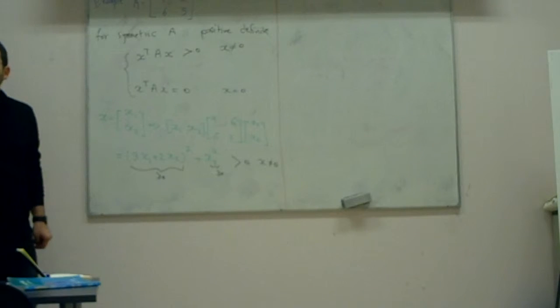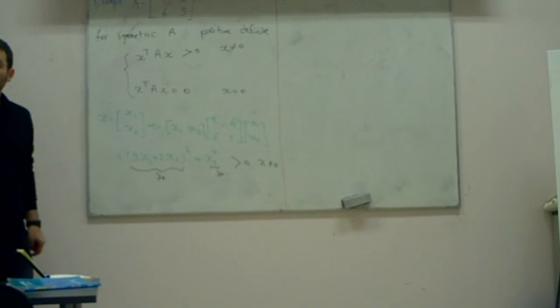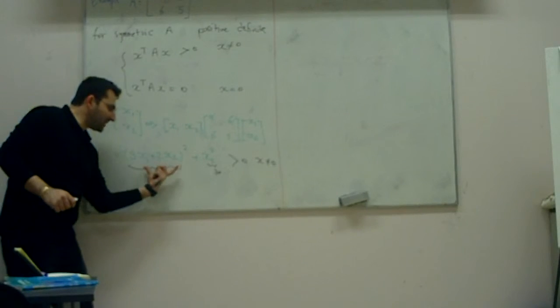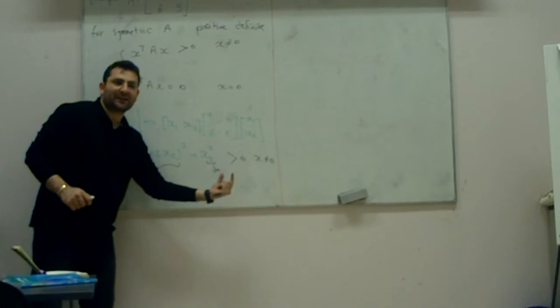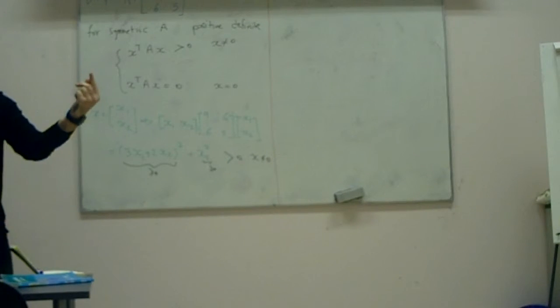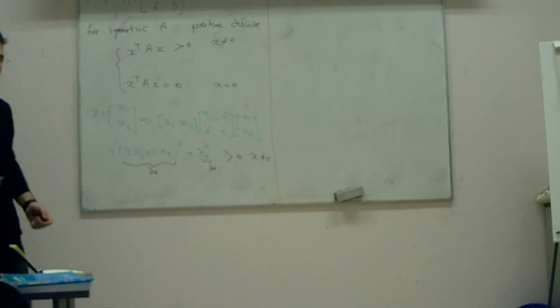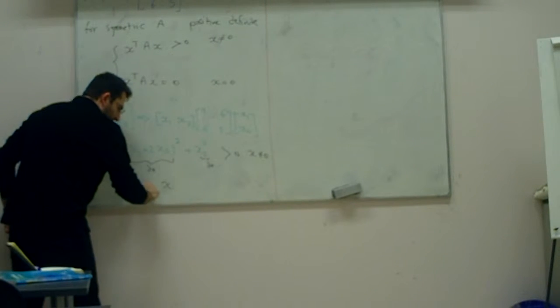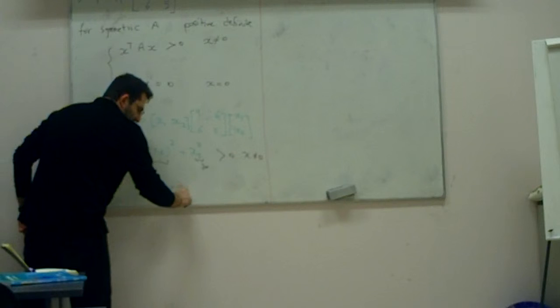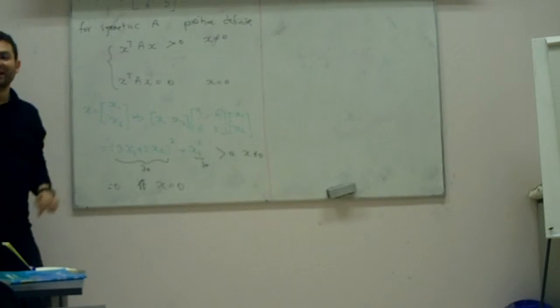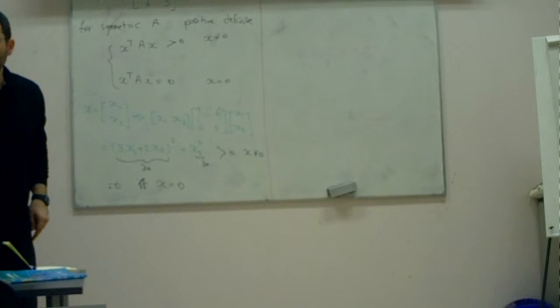What will happen if x is 0? The only way to get 0 from a positive number plus a positive number is if both are 0. The only two non-negative numbers which we add to get 0 are 0 and 0. And we know that this is 0 if and only if x is equal to 0. So this matrix is positive definite.